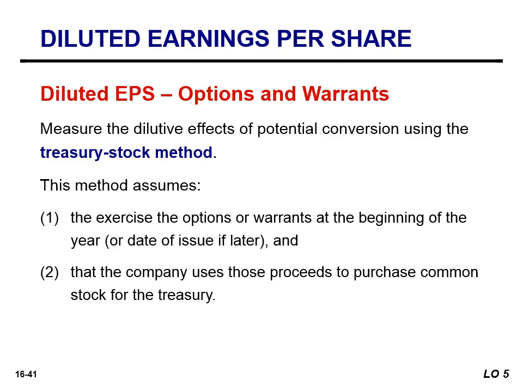Okay? And we go through this whole complicated gyration as if this is what happened. If the exercise price is lower than the market price of the stock, then the proceeds, of course, are not enough to buy back all the shares. The company then would add the incremental shares remaining to the weighted average number of shares outstanding to crunch out this method, which we'll do in a second.